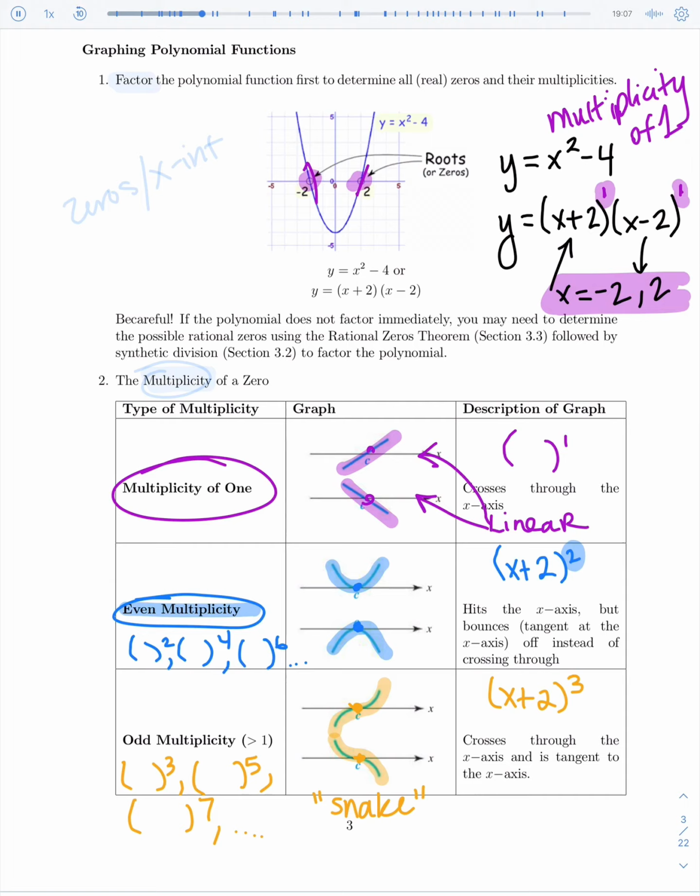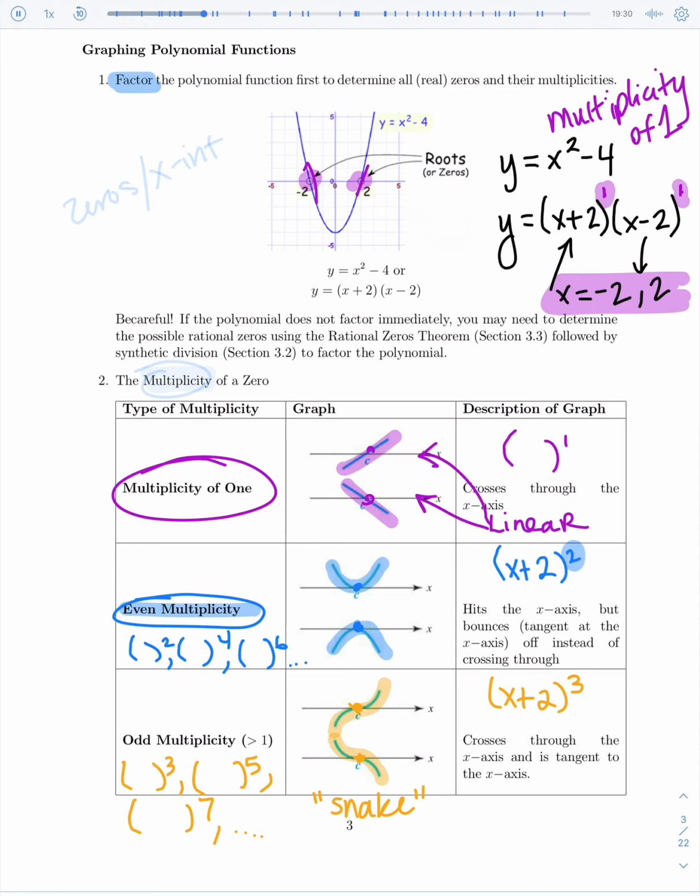So the point now that we want to get into is putting all this together so that we can graph some generic polynomial the best that we can. The first thing we want to do is break our polynomial up into factors. The hope is that it factors, but if not, we can always use synthetic division.